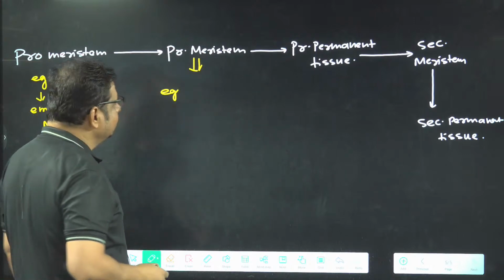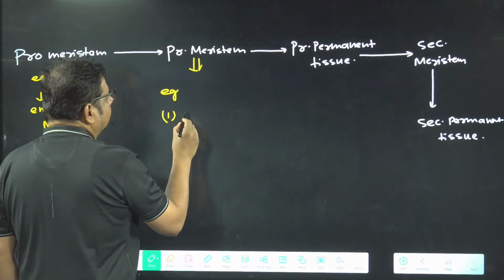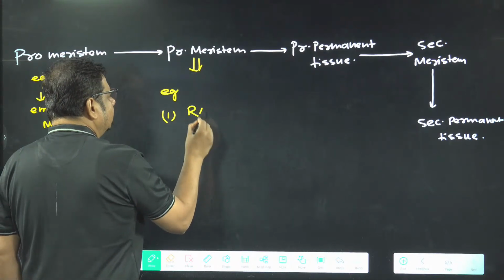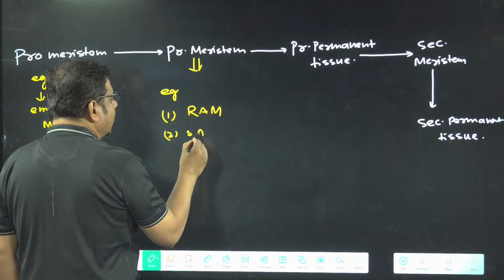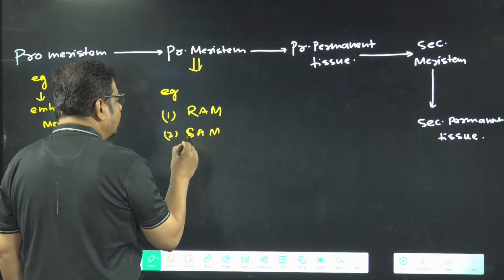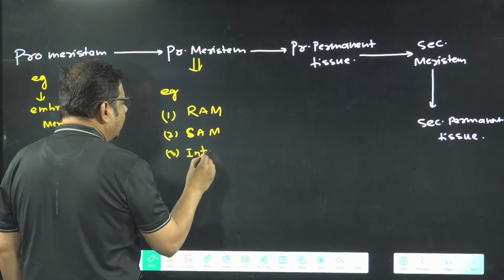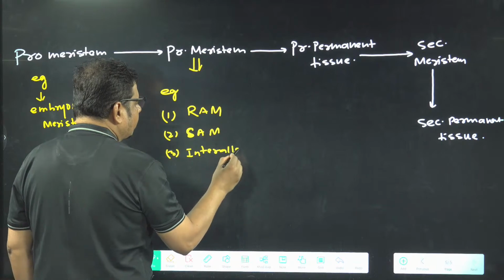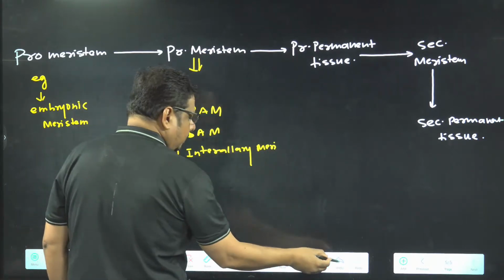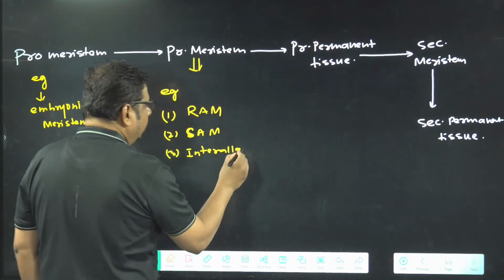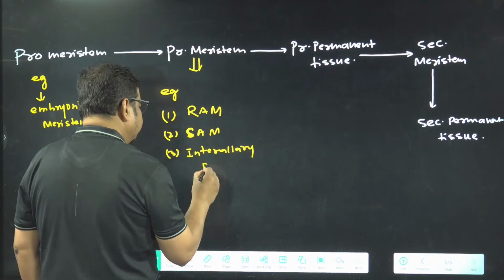So for primary meristem, I am writing the examples. First example, RAM, root apical meristem. Second example, SAM, shoot apical meristem. Third example, intercalary meristem.